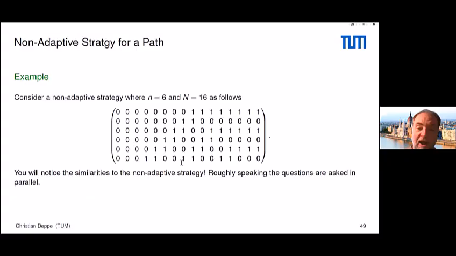And the very surprising thing, because if someone had asked me the question before, is really that we have the same number of questions in the worst case as for the adaptive.